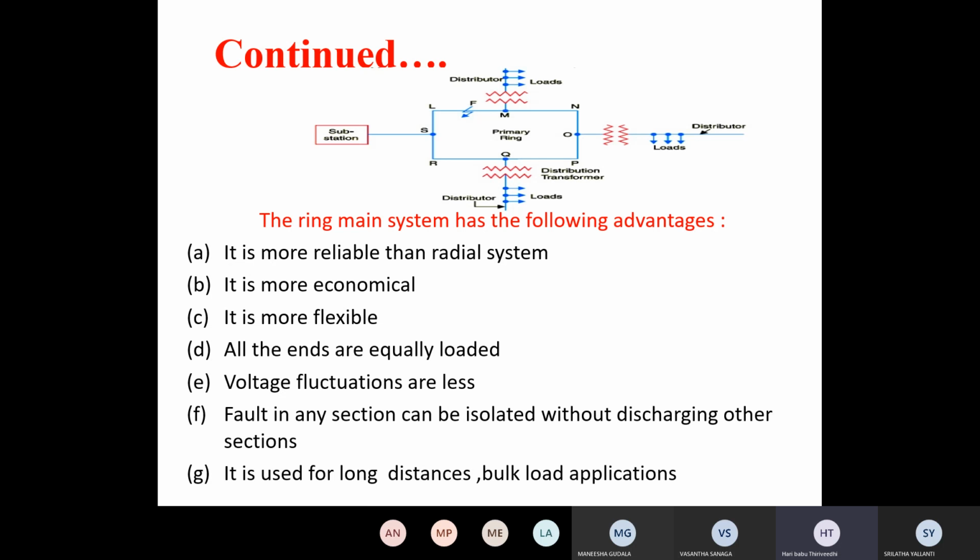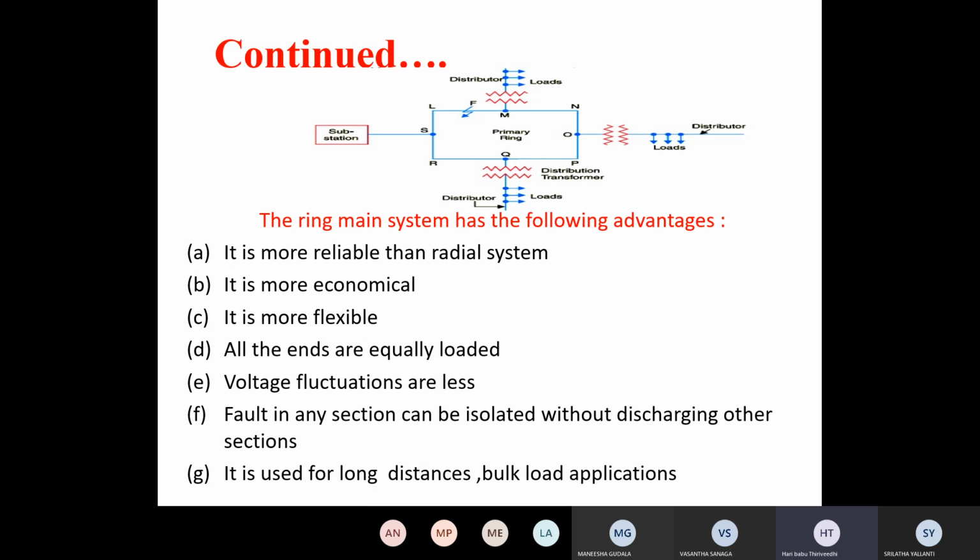In the ring main system, so many feeders will be there: Q feeder, O feeder, M feeder. Like that, it is more economical, and all loads are equally loaded, not heavily.